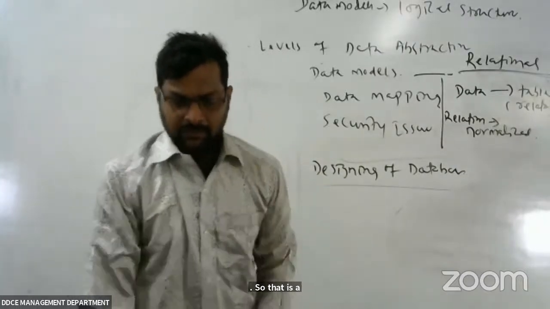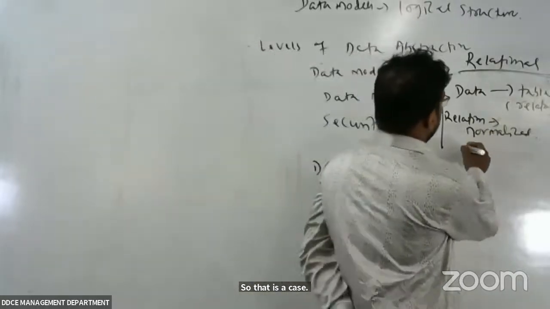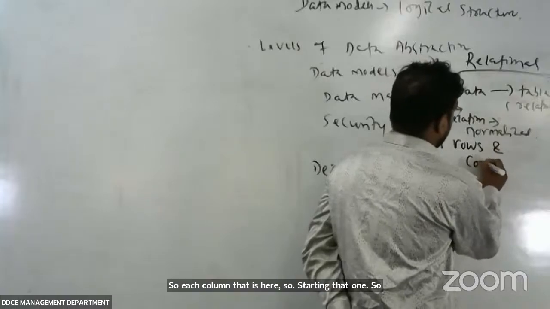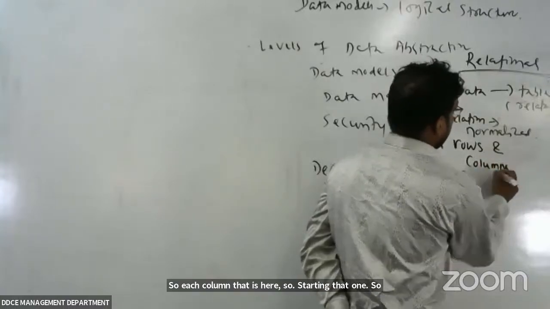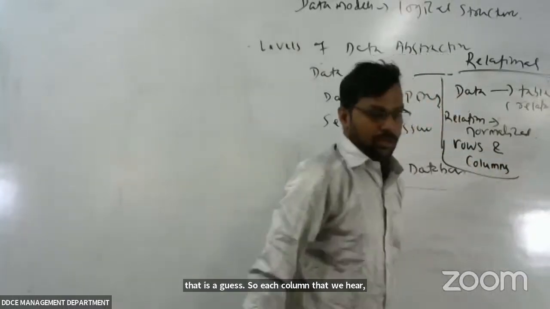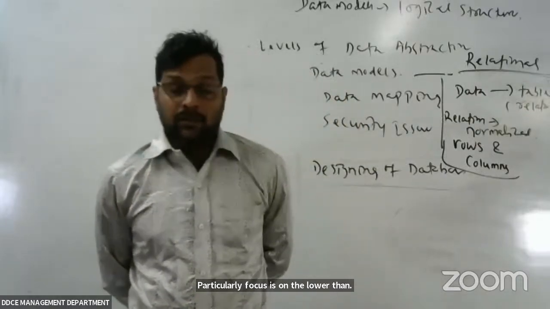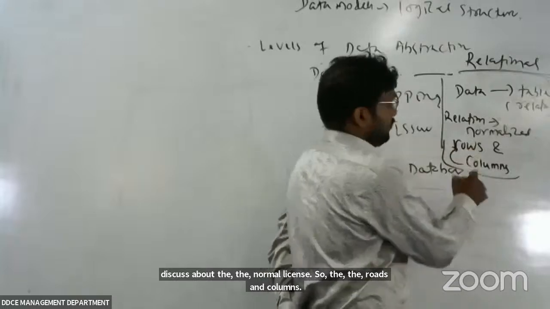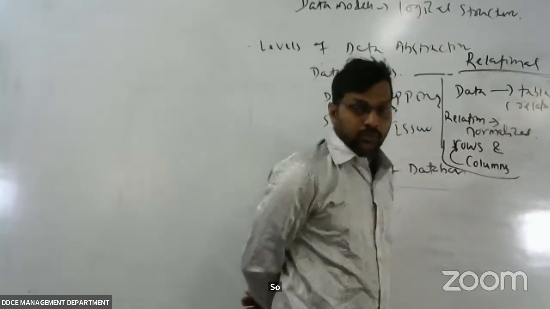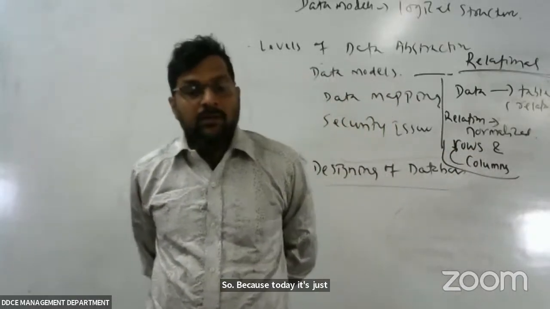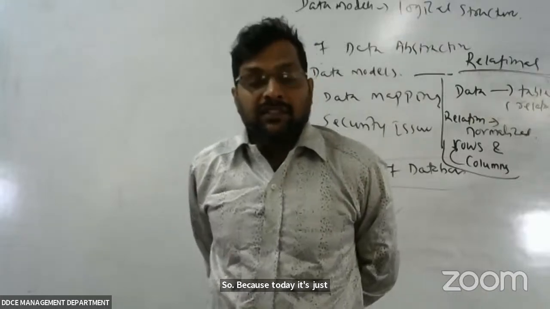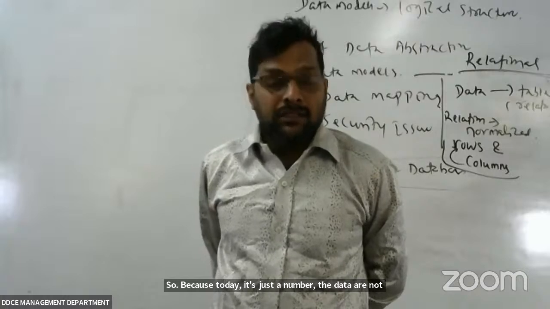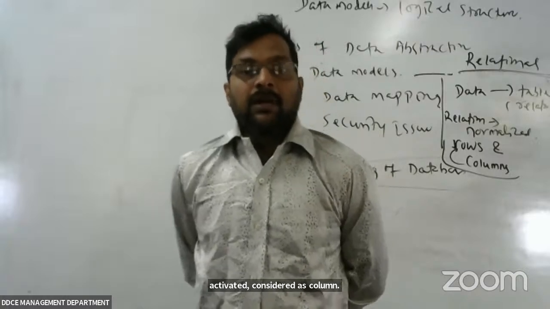A relation means rows and columns, so we will particularly focus on rows and columns when we discuss normalization. Column values go with the rows. For example, student registration number or roll number is not an attribute here, it is considered a column, and we have to give the value, the registration number given by the university.